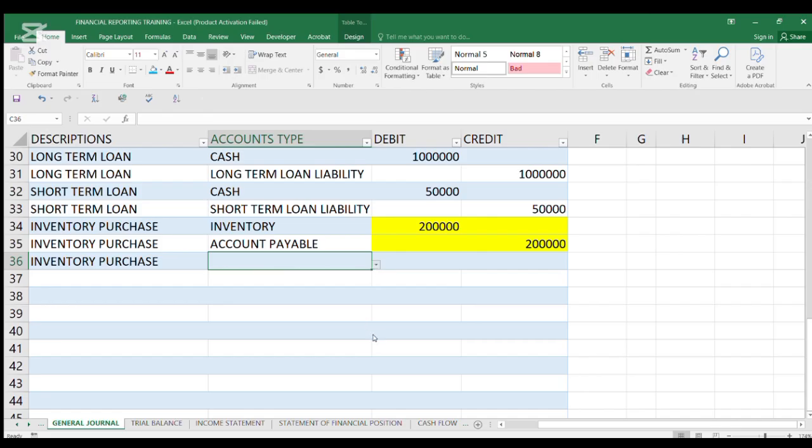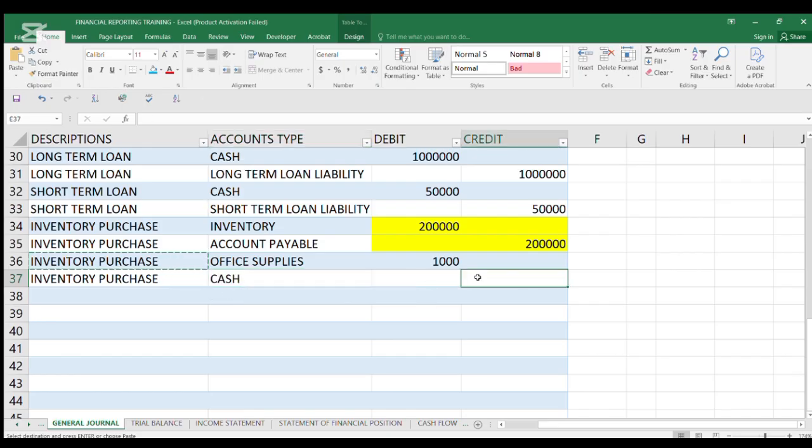We debit office supply account with how much? 1,000 US dollars. You repeat the same description and credit cash account. Credit cash account with 1,000 US dollars.